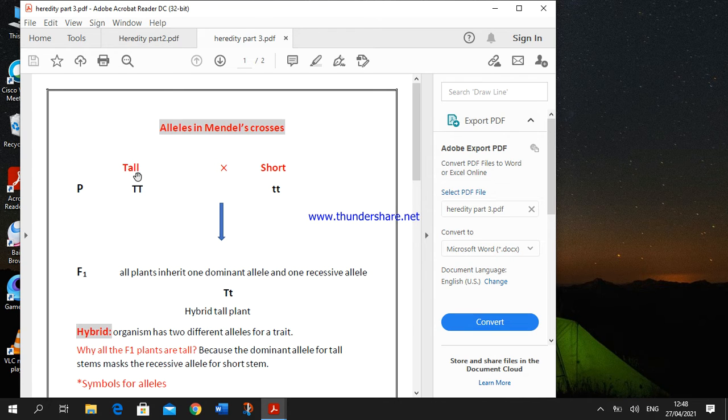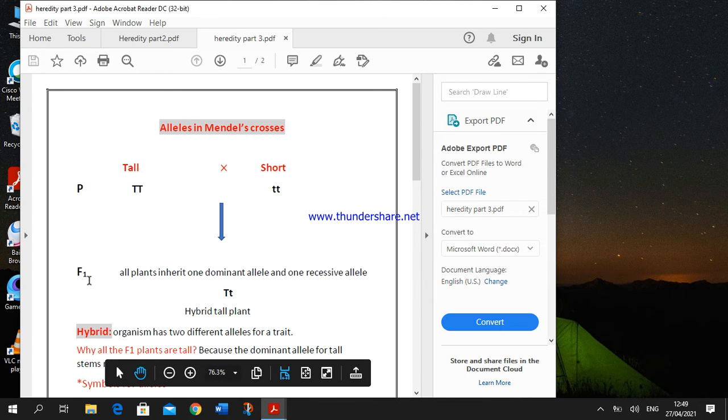This is a tall purebred pea plant crossed with a short purebred pea plant. The tallness trait is expressed by T capital, while the shortness trait is expressed by T small, and this is known as the parental generation.